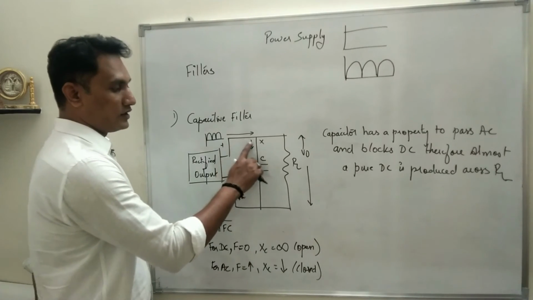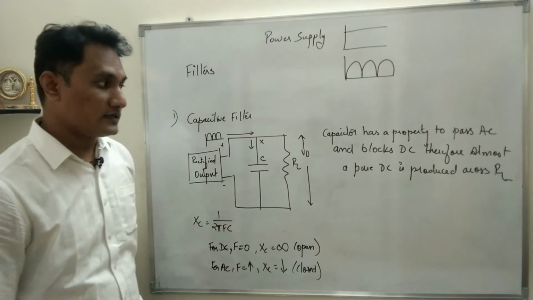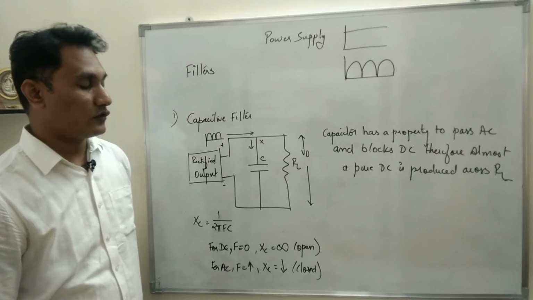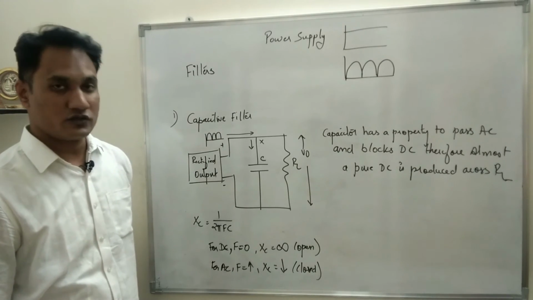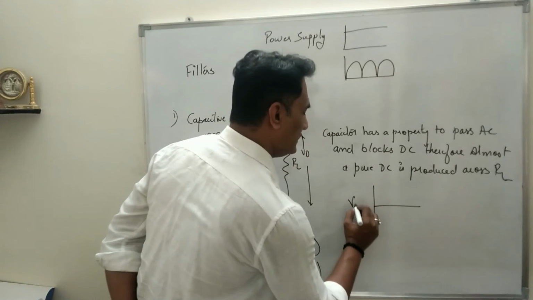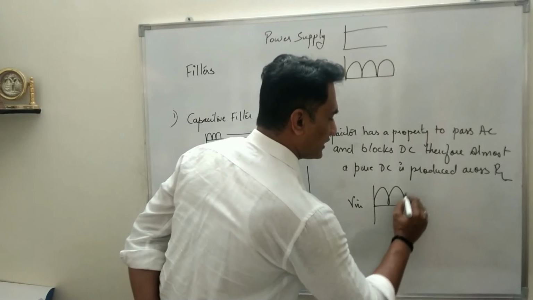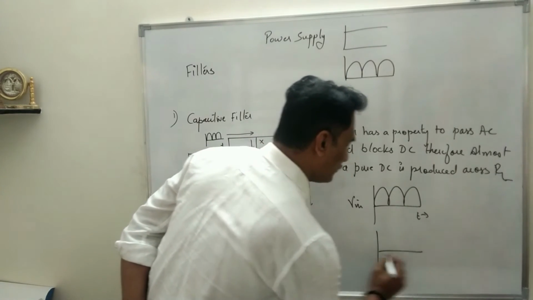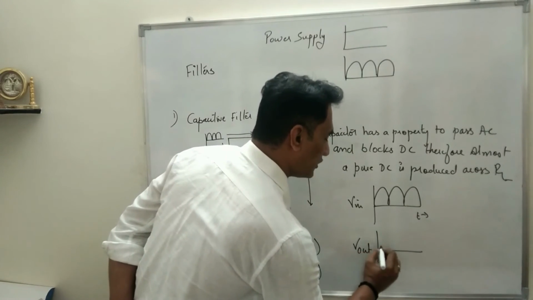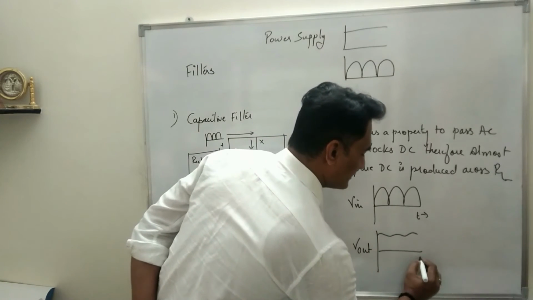Therefore all the AC component will be passed through the capacitor, whereas the DC component will be produced across RL. So what we can say is, therefore almost a pure DC is produced across RL. So this will be your input waveform, V in with respect to time, it will be fluctuating, and when you take the output of the filter, what you are going to get, the output will be like this.